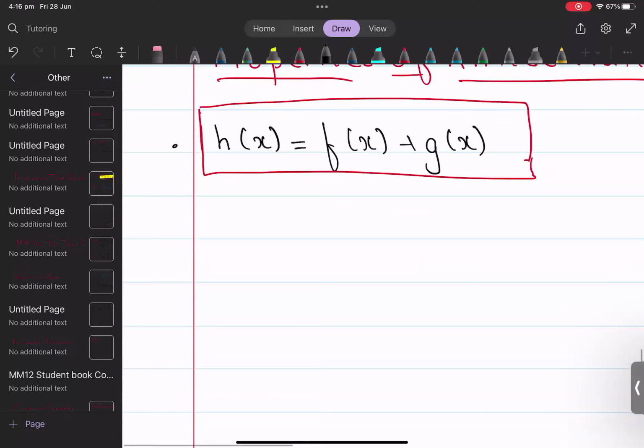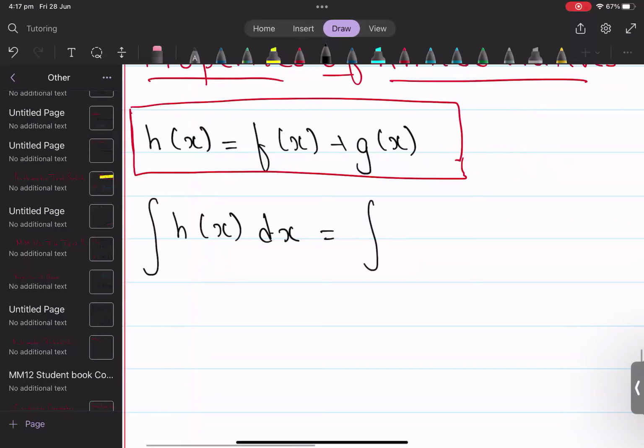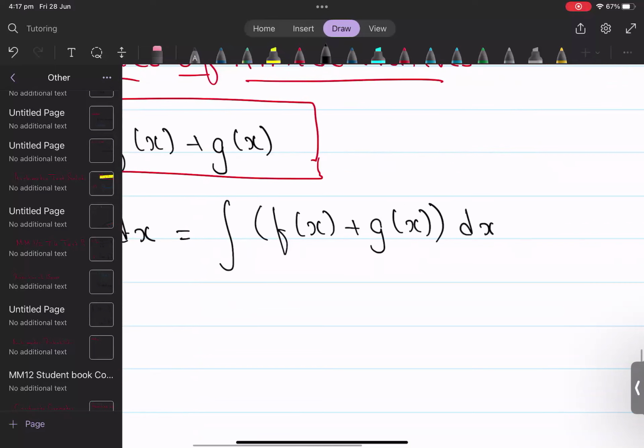So if I have a function h of x defined as f of x plus g of x, then if I want to take the antiderivative of h of x with respect to x, this is the same as taking the antiderivative of f of x plus g of x with respect to x.